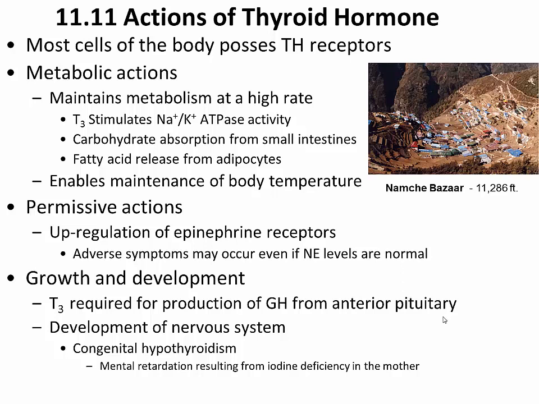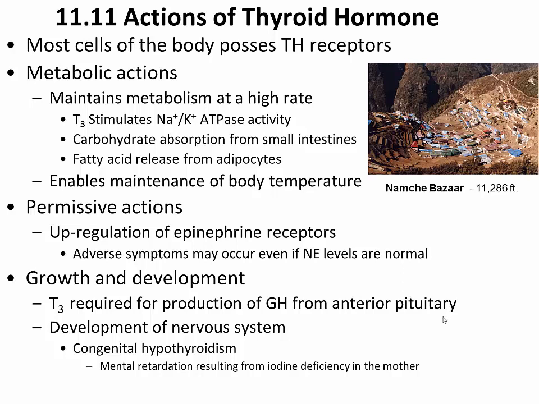We also notice that thyroid hormone has permissive actions, and the most notable ones, at least, are related to epinephrine. In hyperthyroidism, when you have high levels of thyroid hormone, you have upregulation of epinephrine receptors.